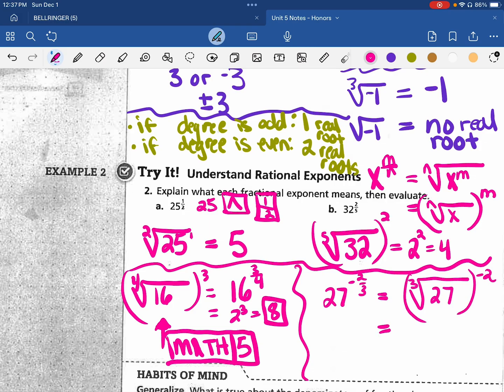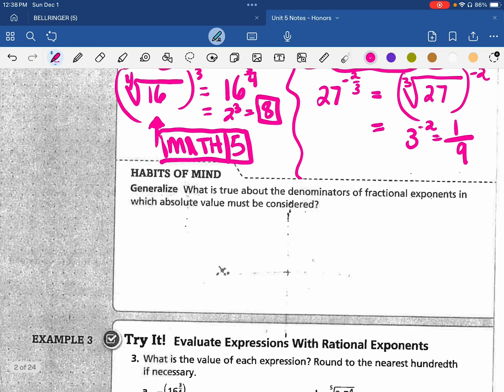This becomes 3 to the negative 2, which is 1 over 3 squared, and 3 squared is 9. Remember, a negative exponent turns your answer into a fraction, or it shifts the position of your negative exponent from the numerator to the denominator. But again, you could use your calculator. You'd probably get a decimal, and you're going to want to convert that to a fraction.